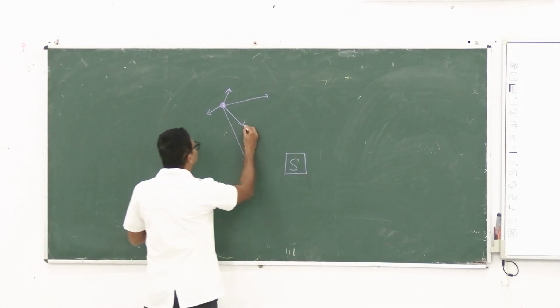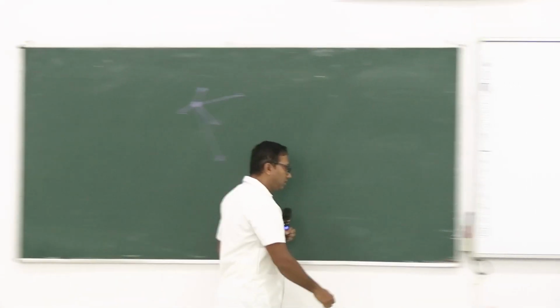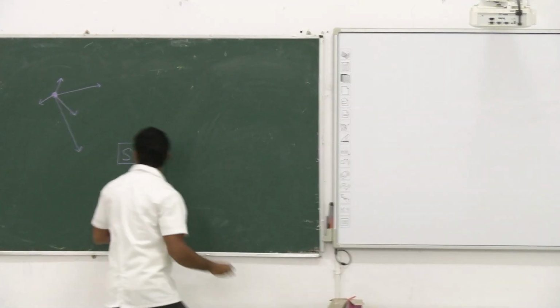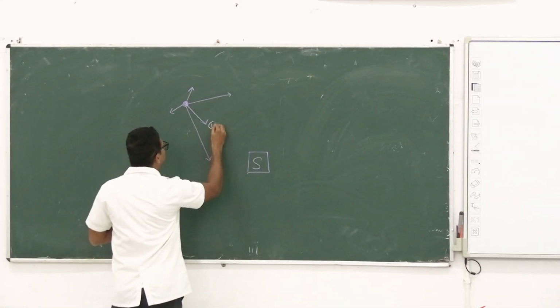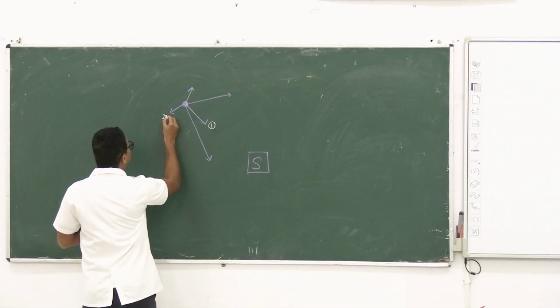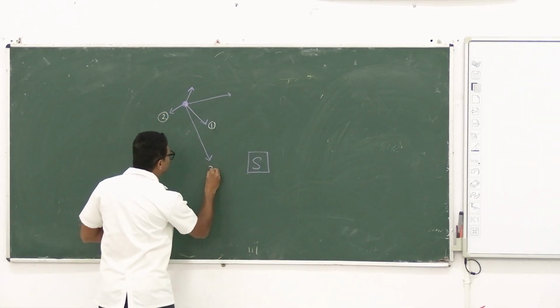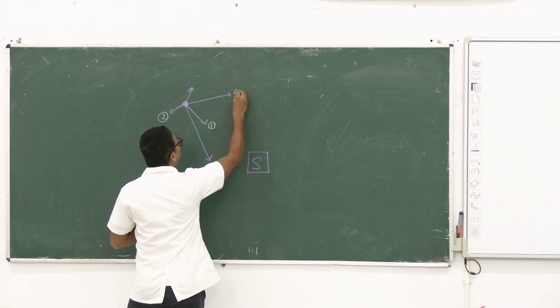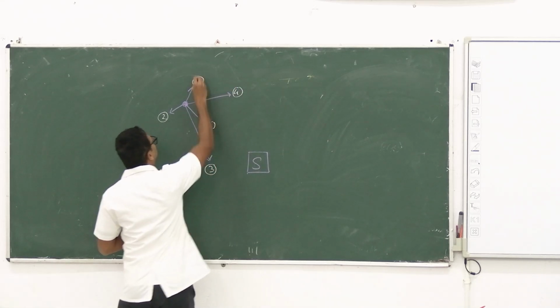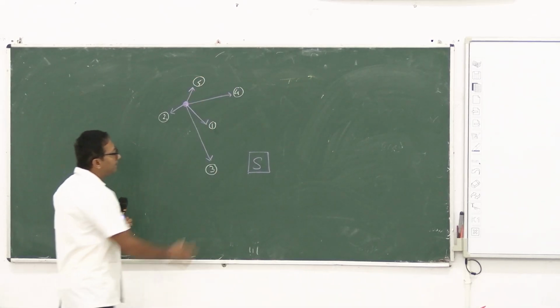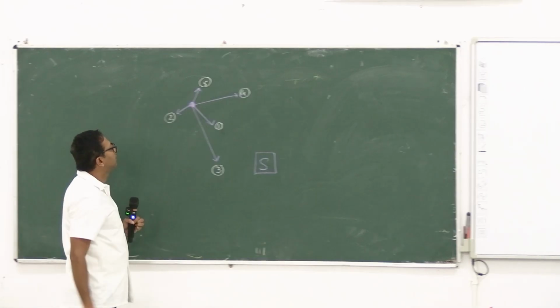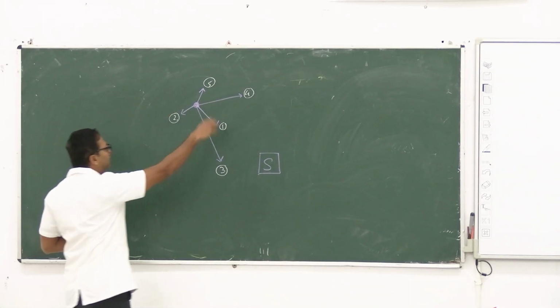This is the first vector. First vector, second vector, third, fourth, and 5. Okay? So, I have kept a sensor over here. और ये किसी का heart है, right?